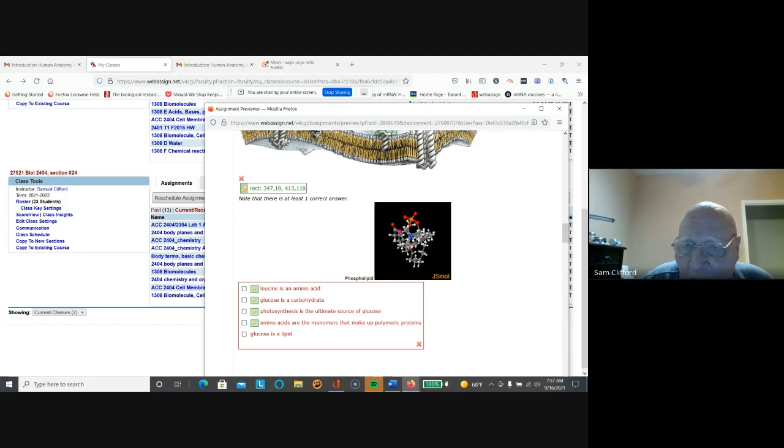Here are other hydrophilic groups in the head of the phospholipid. You can see that the head has oxygen and phosphorus and oxygen. So all of these make this the hydrophilic portion of the phospholipid. These are the chains.